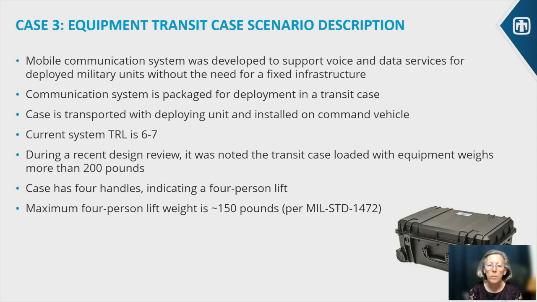During a recent design review, it was noted that the transit case, loaded with all the equipment, weighs more than 200 pounds. And the case has 4 handles, indicating that it requires a 4-person lift. The maximum 4-person lift weight, according to Military Standard 1472, is about 150 pounds.